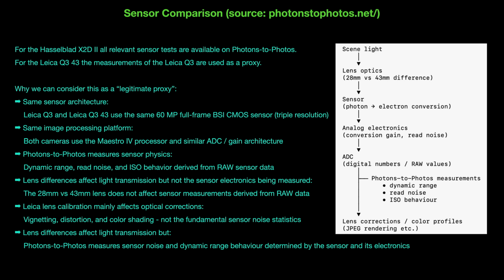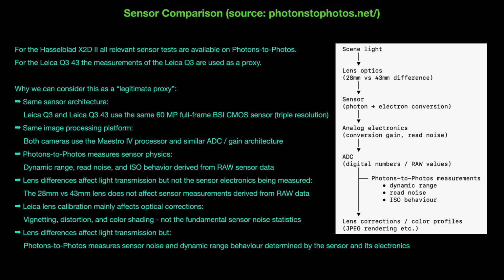I have a little illustration on the right-hand side where you see this. The light from the scene is going through the optics to the sensor. Of course, the lens is the gateway to the sensor, but the measurements as they are done by photons to photos really concern only the part where the sensor kicks in, the third layer or level of this illustration.